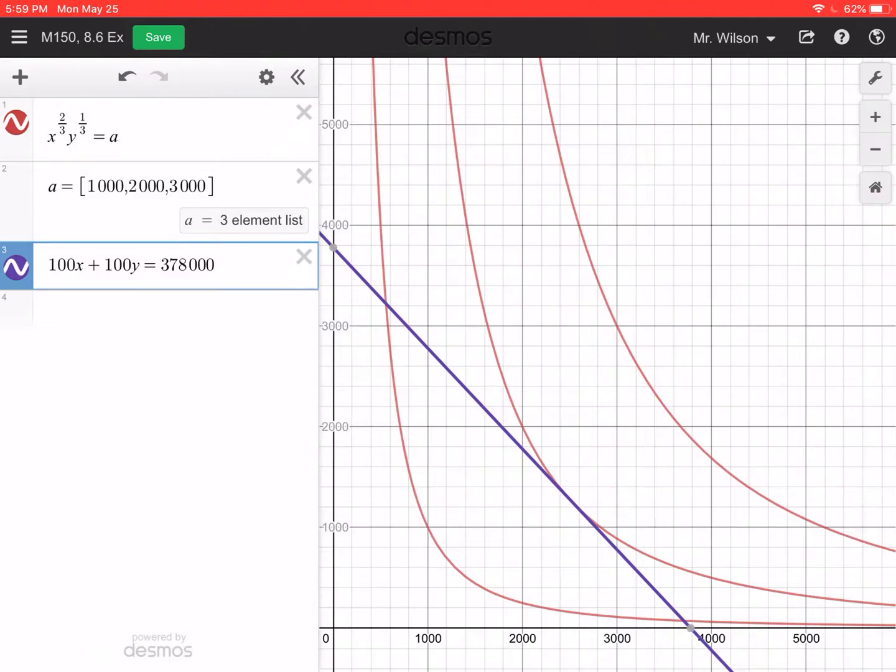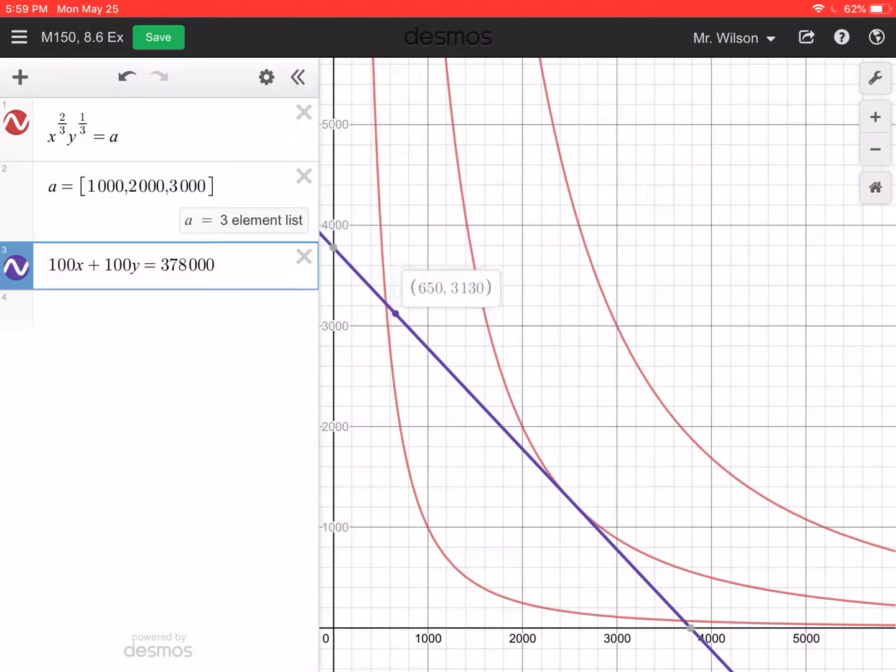But the company wants to produce as much as possible, because that's what makes them the money. So anywhere on the line is subject to the constraint, as we go all the way up and down it. And notice that as we move, we hit a couple of these contours. So when we're along this contour, that's the 1,000 contour. That's about the value of x and y that it takes to produce 1,000 units.